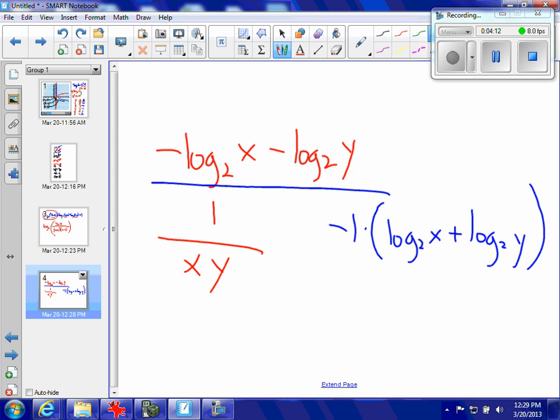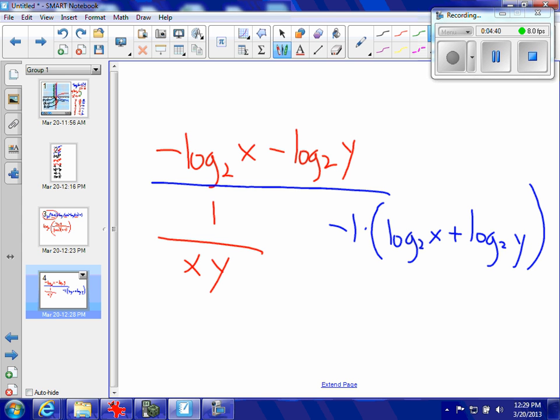Everybody okay with that? We're taking a detour here, because Candace asked the question, if I have negatives in front of all of my logarithms, does that mean they're all on the bottom and 1 is on the top? So I'm taking a bypass here as to why that's the case.